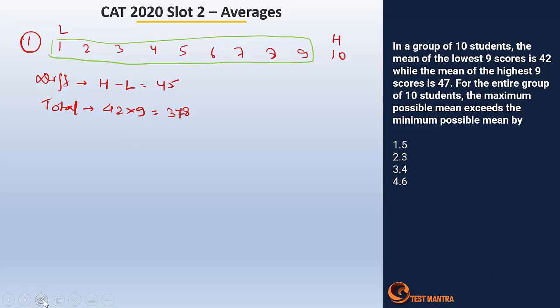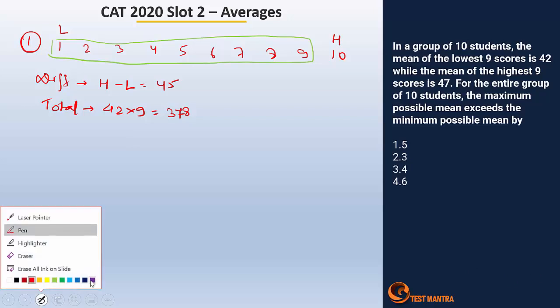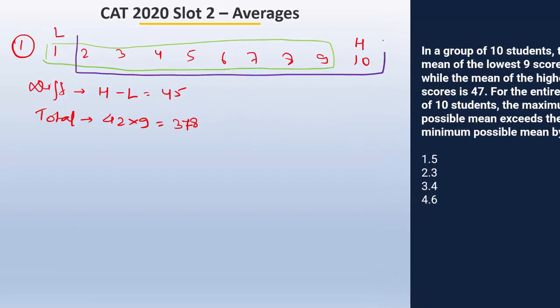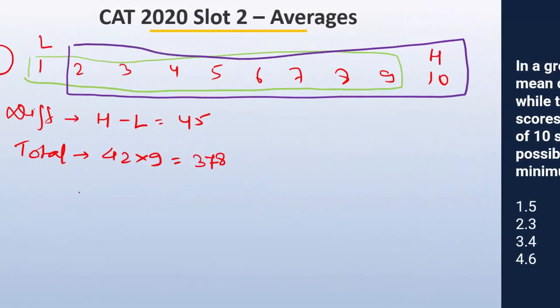But if we'll consider the total for these 9 people here, the total for these 9 is 47 into 9, so 423.